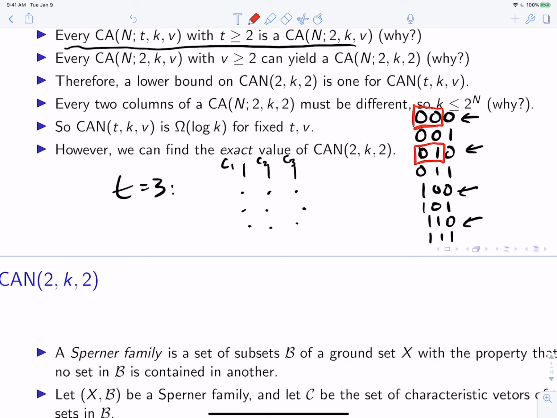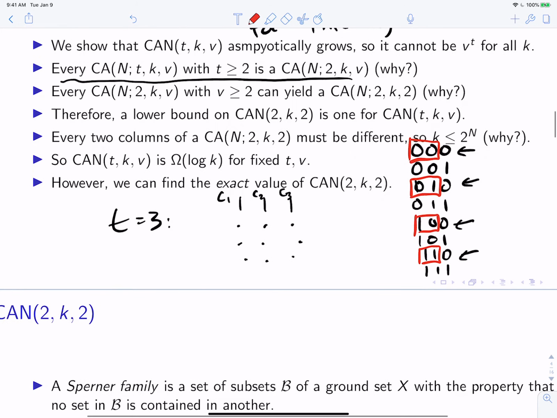What do you see over here? Oh, all interactions of those first 2 columns appear. What if we check the first and third column? The same is true. If you look at the second and third column, it's always true.